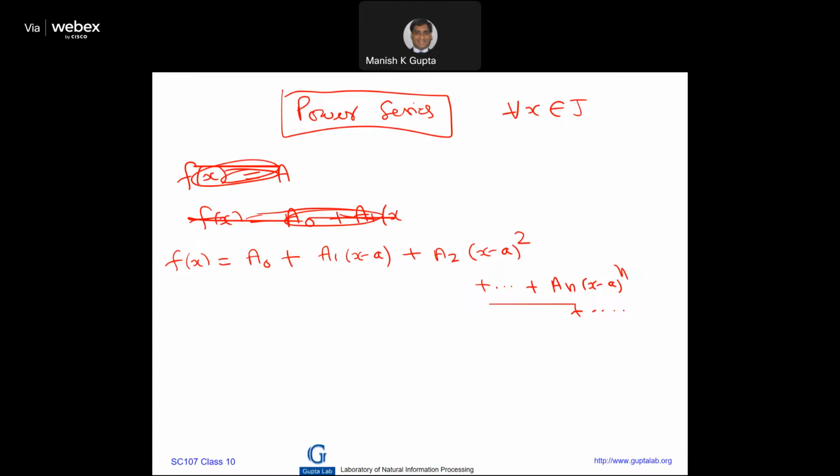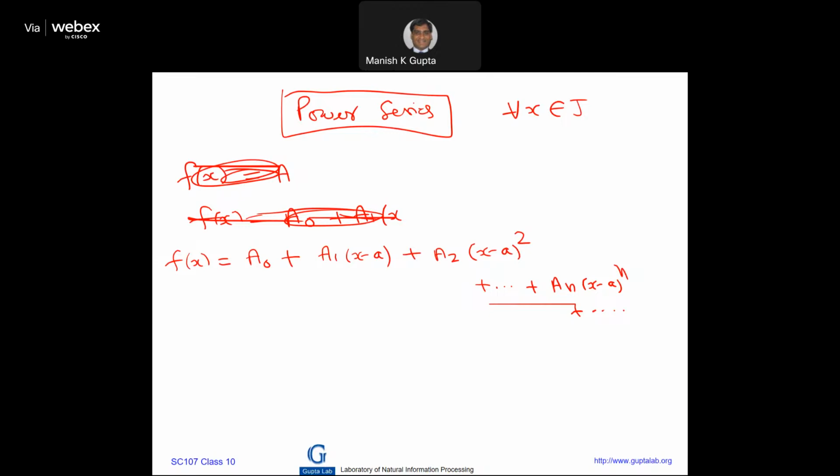For example, in the case of e raised to the power x, what is the value of a? 1 or 0? It is 1 plus x plus x squared by factorial 2 plus x cubed by factorial 3 plus x raised to the power 4 by factorial 4 and so on. So a is 0 there, and the powers are there.